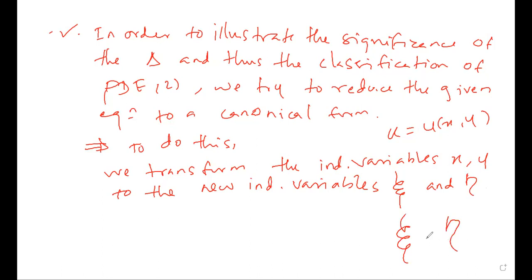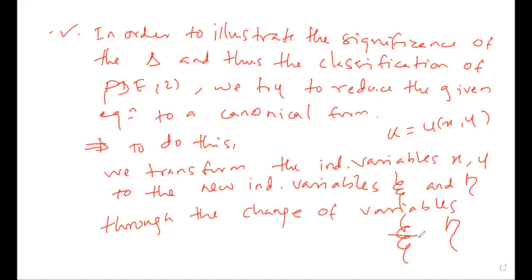Practice this notation also, because that's what we're going to use here. For the x and y, theta and eta through the change of variables.